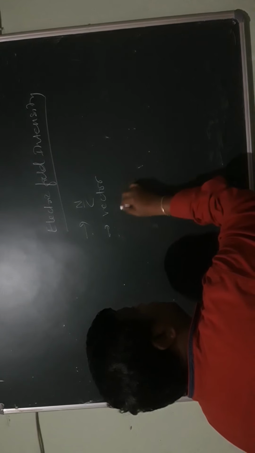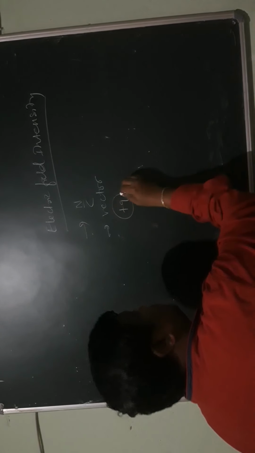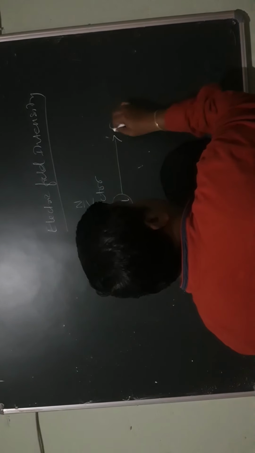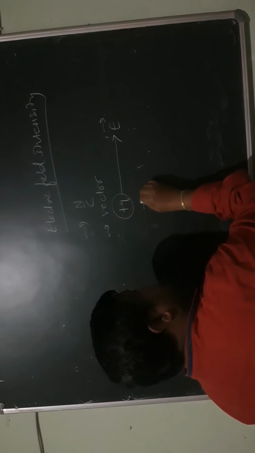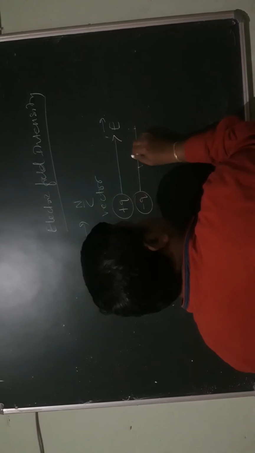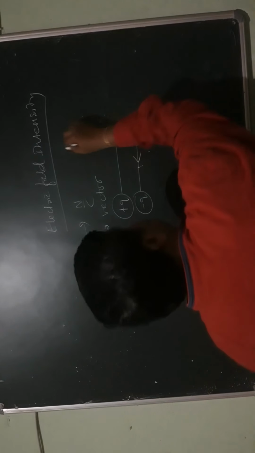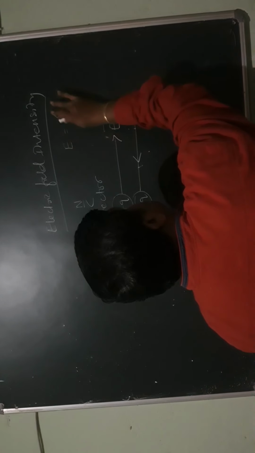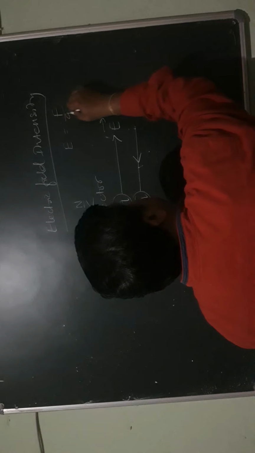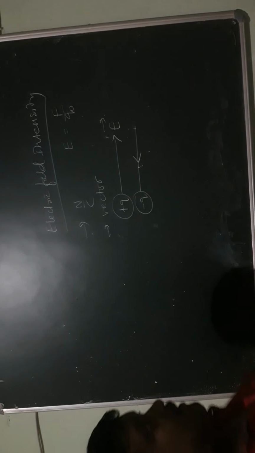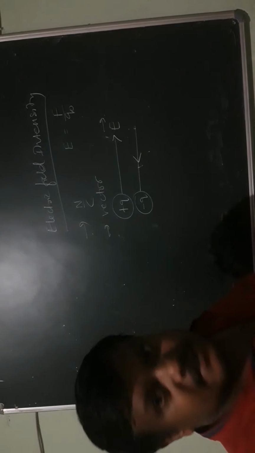For a positive charge, the electric intensity is away from the charge, and for a negative charge, the electric intensity is towards the charge. The electric intensity at any point is defined as the force per unit positive charge placed at that point. Let us recall the definition again.